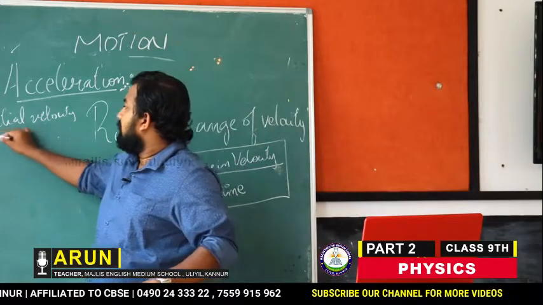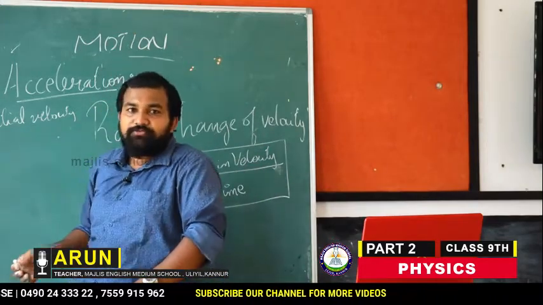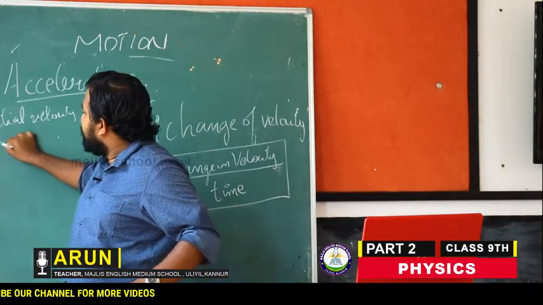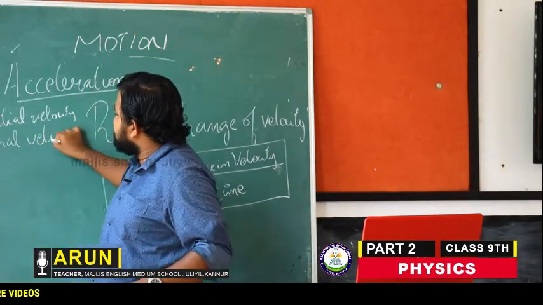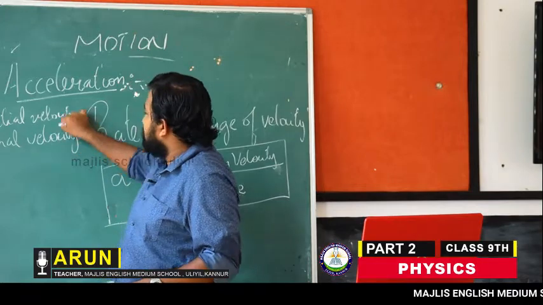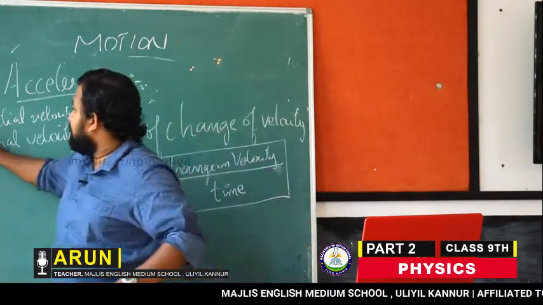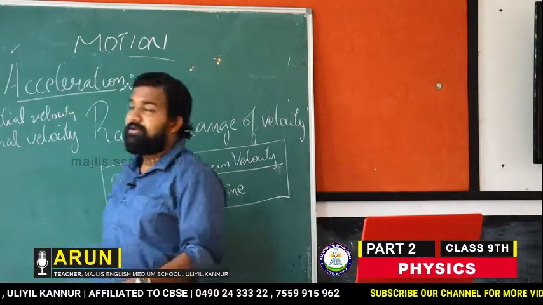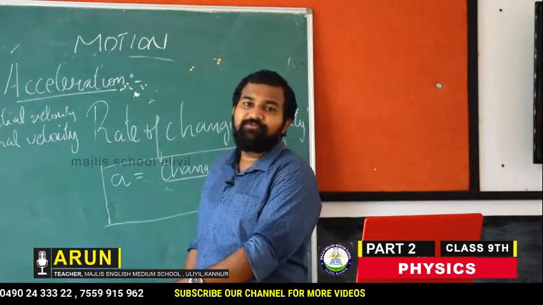And after the application of acceleration, after some time, the body is moving with a final velocity. It has increased its velocity, and it will move with the final velocity. We will denote the final velocity using the small letter v.